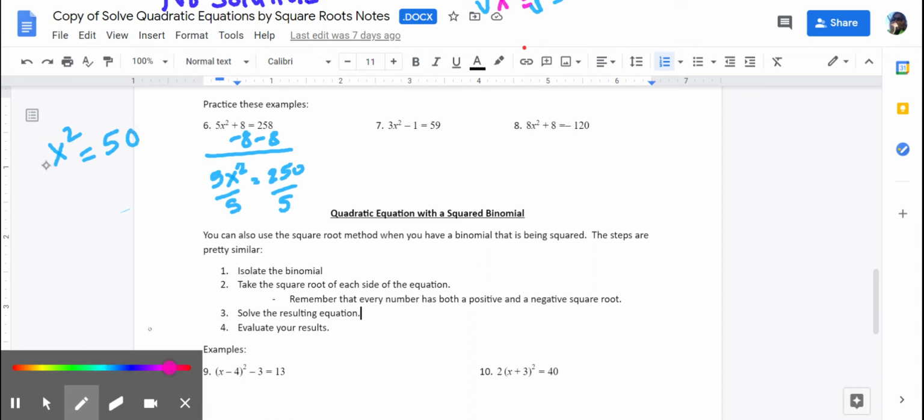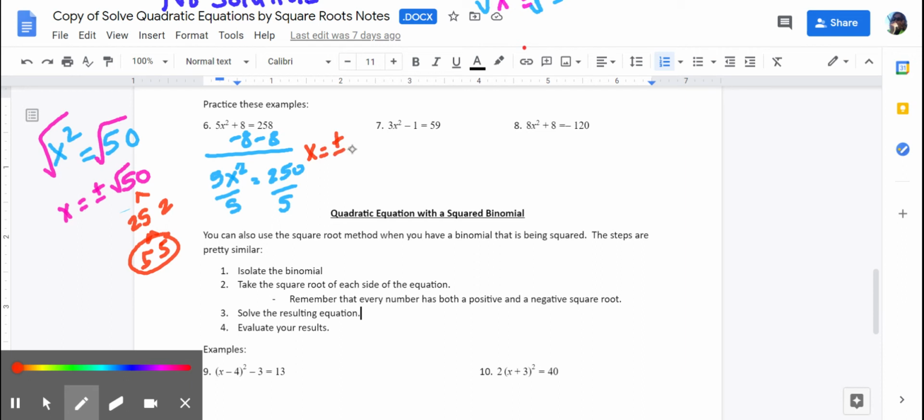Still want to take a square root, but I have x equals positive negative square root of 50. I cannot leave it square root of 50 because it can be simplified. So I want to break this down. I'm going to say 50 is 25 times 2, and I have 25 factors into 5 and 5. So for my final answer, I'll have x is equal to the positive negative of 5 on the square root of 2. Remember, I had a 2 that was left over still at home.